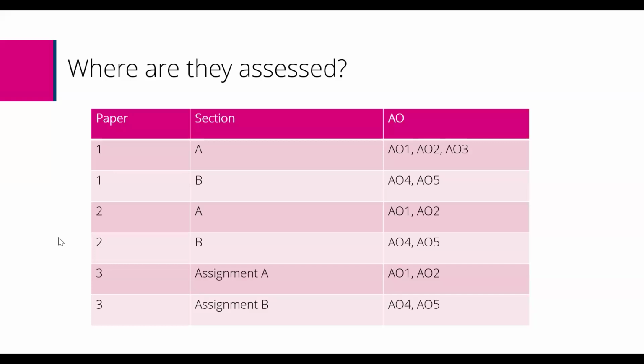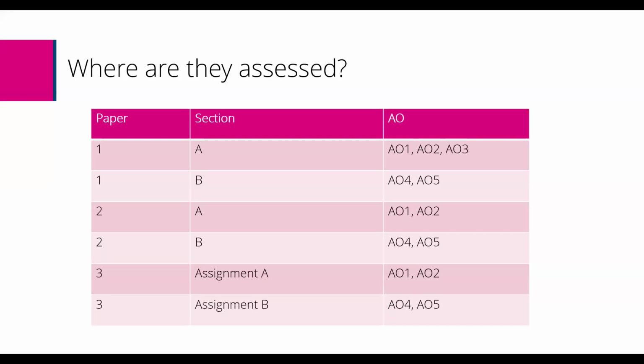So where are those assessment objectives actually assessed? Paper 1, section A, we're assessing AO1, AO2, AO3, the reading assessment objectives. Paper 1, section B, the transactional writing, we're assessing AO4 and AO5. Paper 2, section A, on the anthology text, assesses AO1 and AO2.